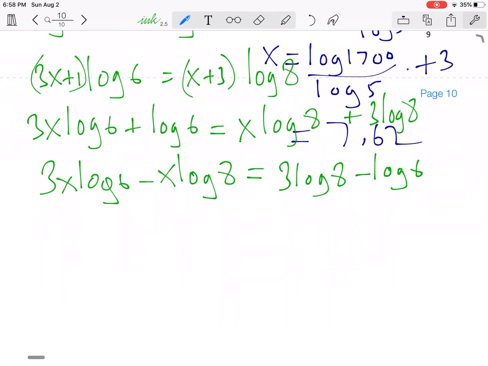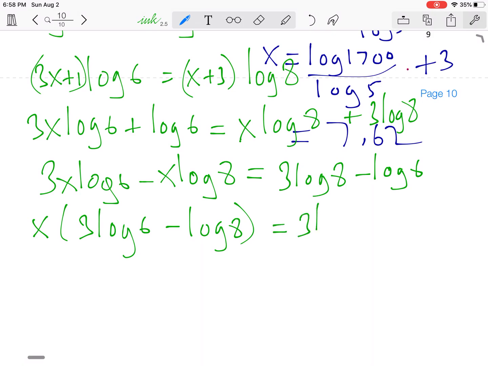Okay, so what you see here is we've got x on both of these, so we can factor out the x. Okay, and now we can move everything over to one side.